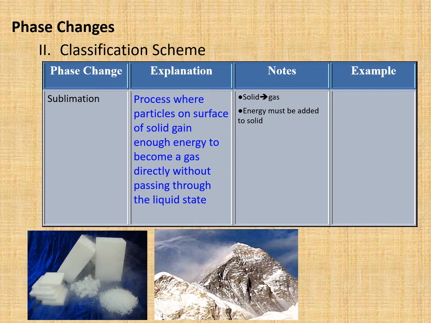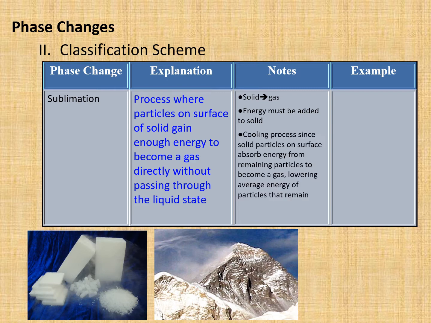And as in the case of evaporation or boiling, sublimation is a cooling process, since solid particles on the surface absorb energy from the particles near them in order to become a gas. Thus, when they escape, the overall energy of the particles that remain is less.